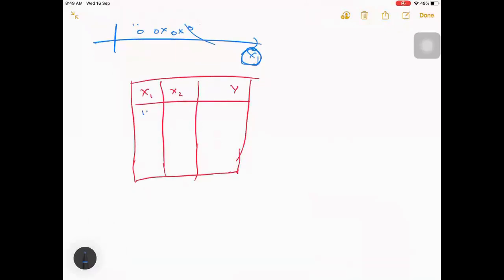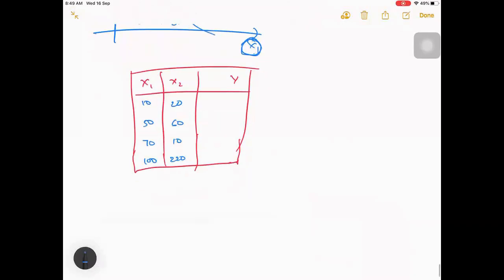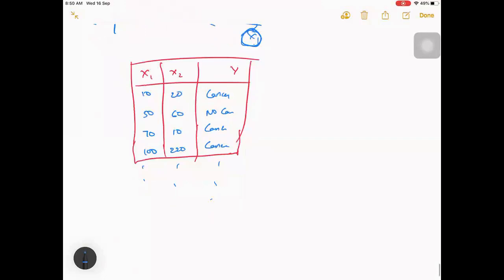So your values are 10, 20, 50, 60, 70, 10, 100, 220, something like this. And you have your y as well, where it will be told like having cancer, no cancer, cancer, cancer, something like this. You'll be having so many data points. So this is how you'll be getting input.